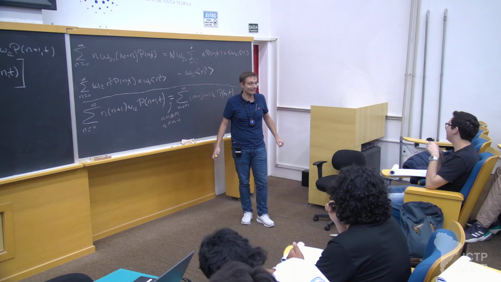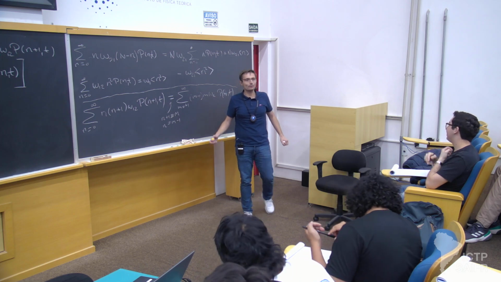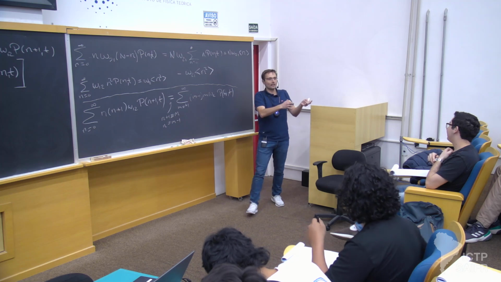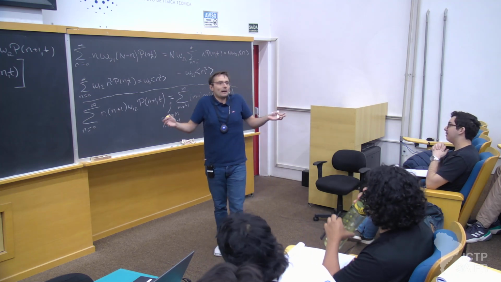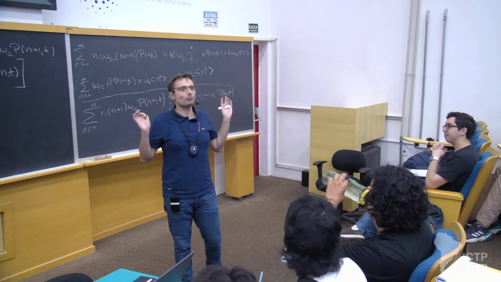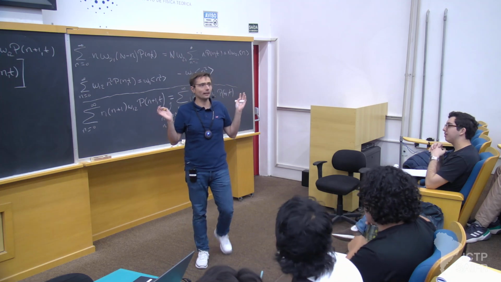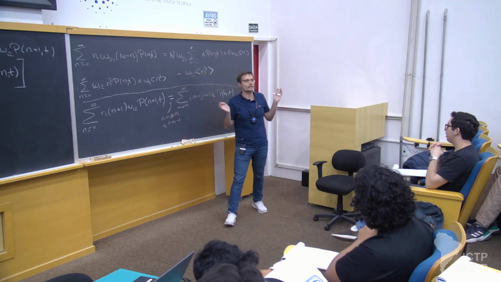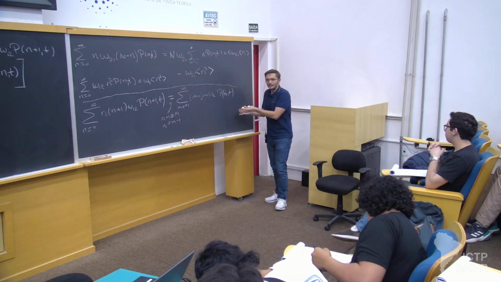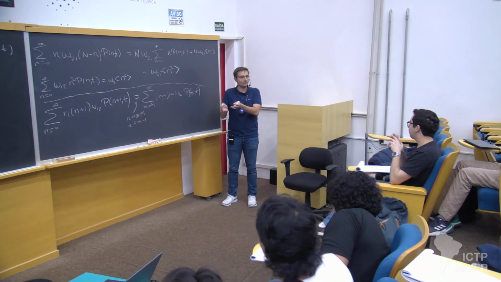Yes. So in principle, I could have started, as he's saying, from minus infinity, because every probability with n smaller than 0 is 0. The way I did it here is just to make you think about that.